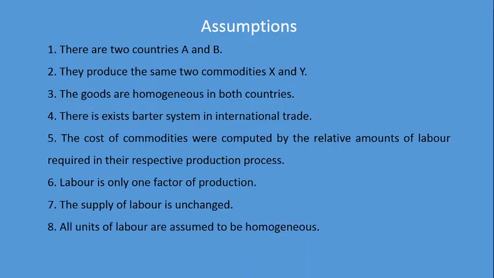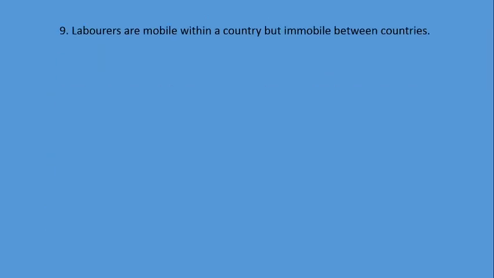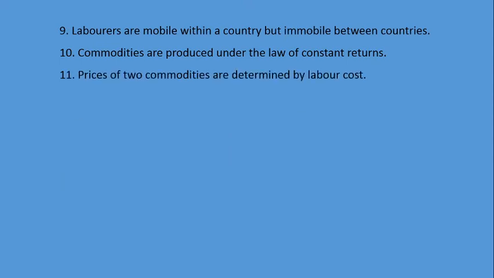All units of labor are assumed to be homogeneous. The next assumption is that labor is mobile within a country but immobile between countries. Commodities are produced under the law of constant returns. Prices of the two commodities are determined by labor cost.